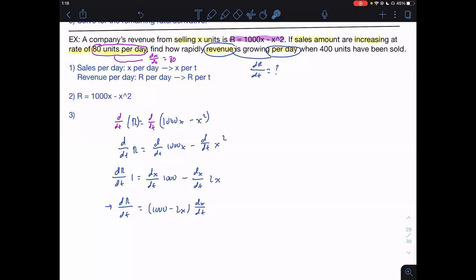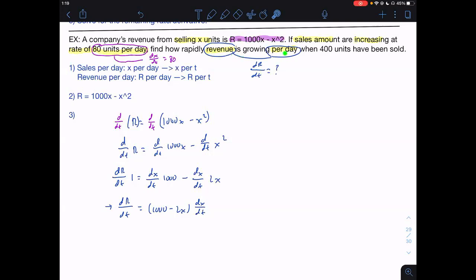All right. So here we have dx over dt. It's going to tell us 80. We're trying to find dR over dt, but we also need a value for x, the amount of units that are going to be sold here. Well, let's finish that second statement.